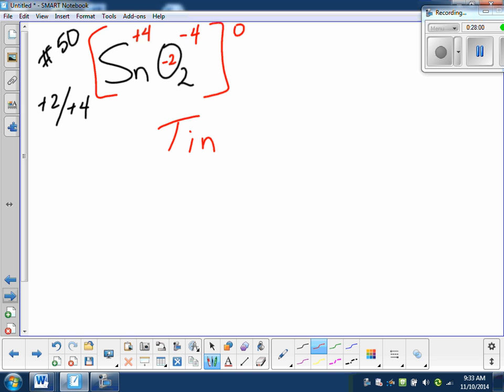No? We need to know some of those earlier Roman numerals. So there's the 4 form in Roman numerals, and it is an oxide. So tin 4 oxide is the name of this. Okay.